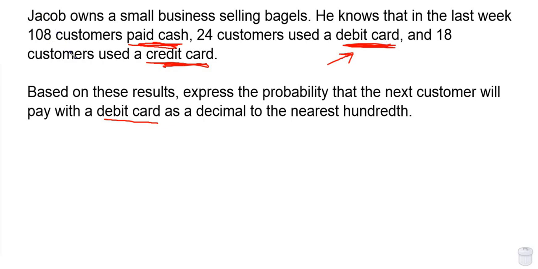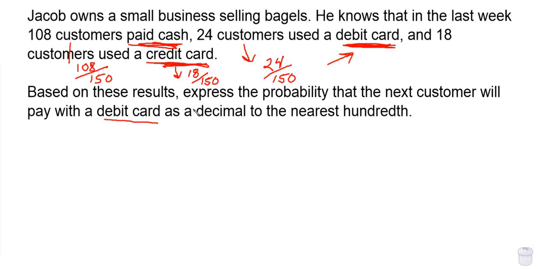So 108 out of the total of 150 customers paid with cash. 24 out of the 150 paid with a debit card. And 18 out of the 150 paid using a credit card.